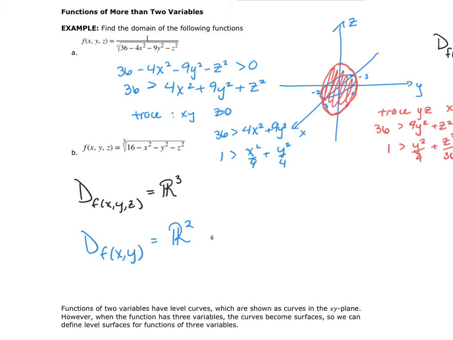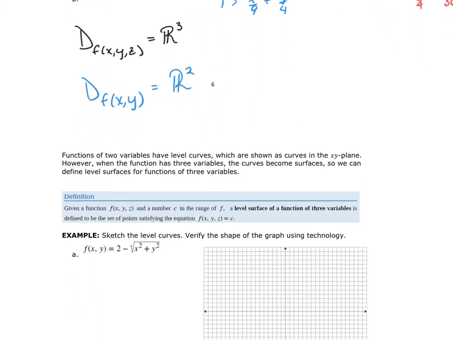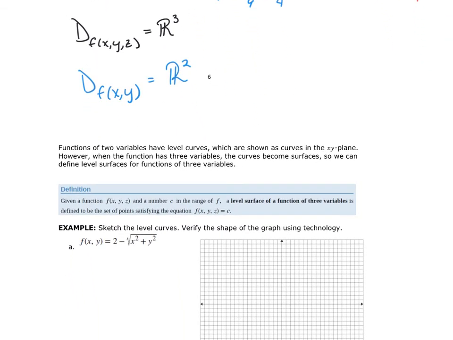Now let's talk about graphing in 3 variables. So a function of 2 variables has level curves, which we've done, and they're on the xy plane. When the function has 3 variables, then we have curves that become surfaces. So we define level surfaces for functions of 3 variables.